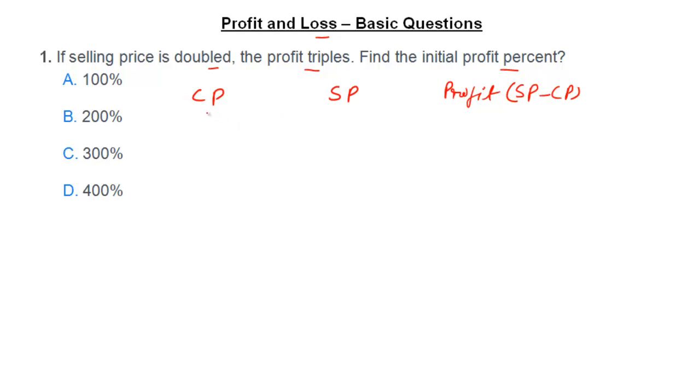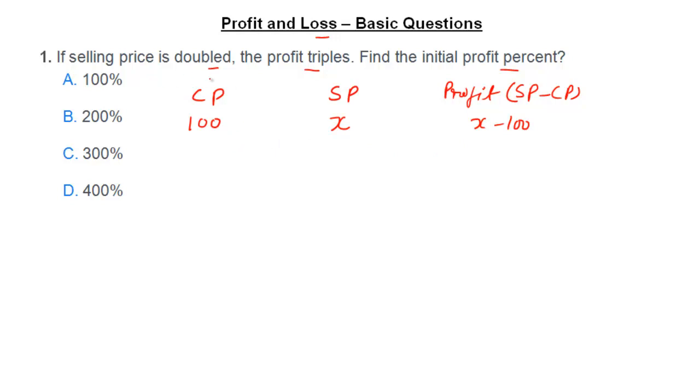And when we do not know about CP, we can assume it as 100 or any value, but I have assumed it as 100. And SP we do not know, so I can assume it as X, and the profit will be SP minus CP, so that will be X minus 100. So this is the situation here, right?